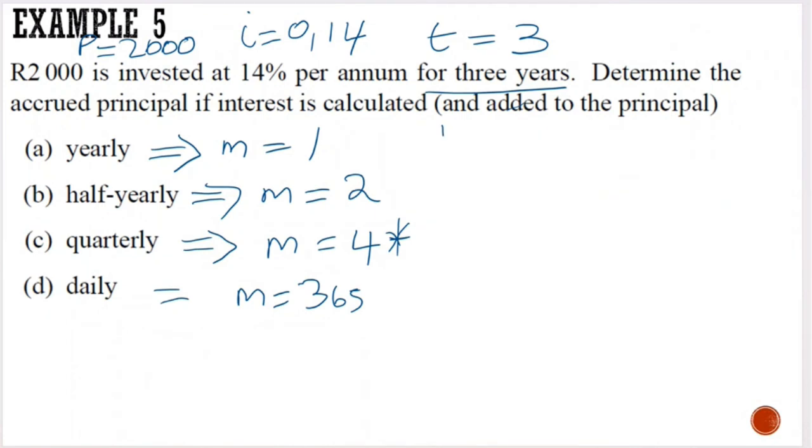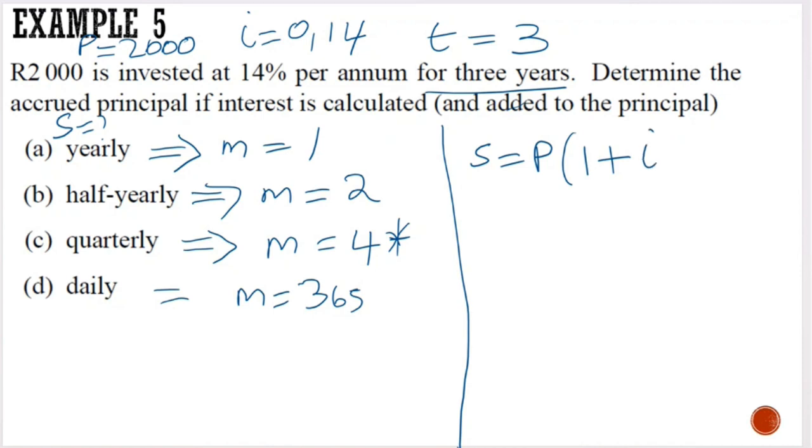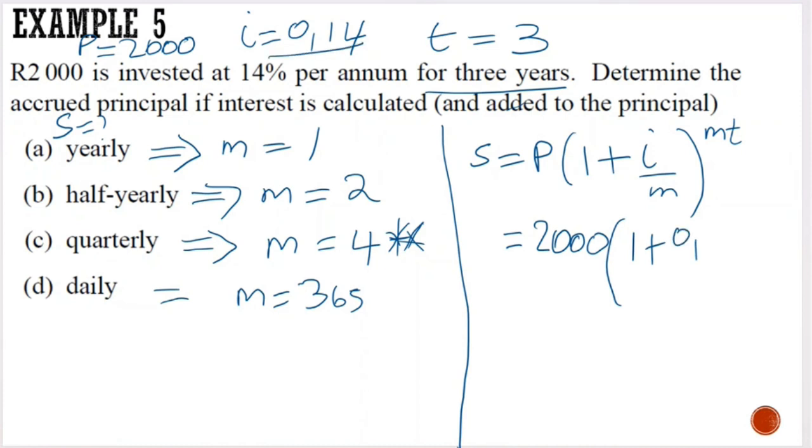Let us get an example of this one. If we were to do the calculation, what is it that we have to calculate here? We need to calculate an accrued principal. An accrued principal is your future value. So your accrued principal would be your S is equal to P into 1 plus I over M to the power MT. So your S is equal to your P is 2,000 into 1 plus your interest rate, 0.14.